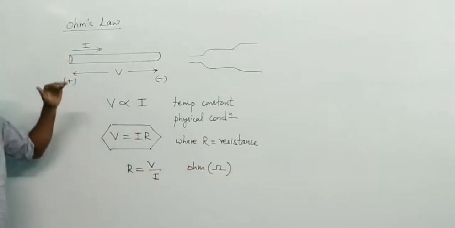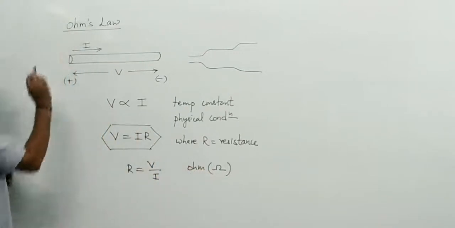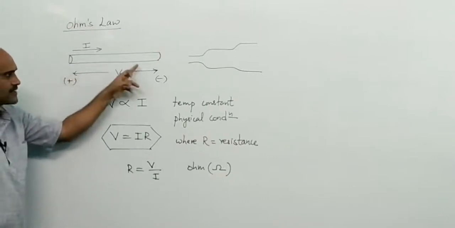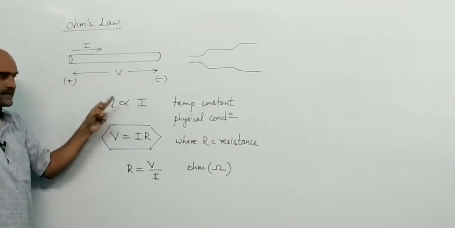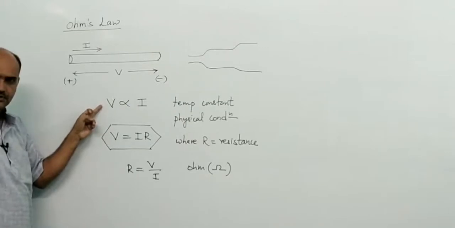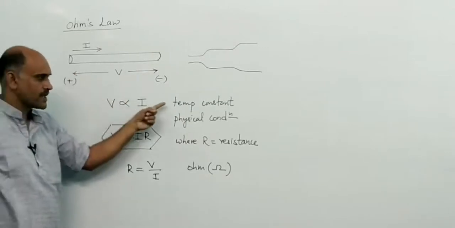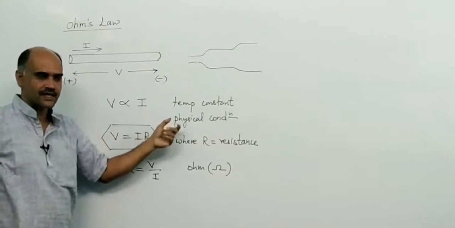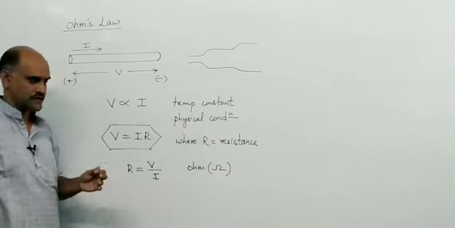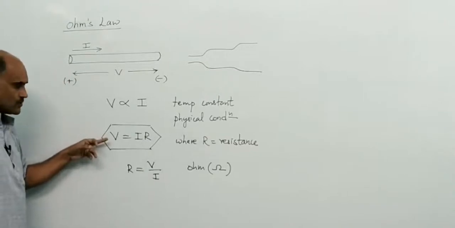Clear, students? So first, the statement of Ohm's law: current flowing through a conductor is directly proportional to potential difference between its ends, provided temperature and physical condition remain constant. So V is equal to IR.